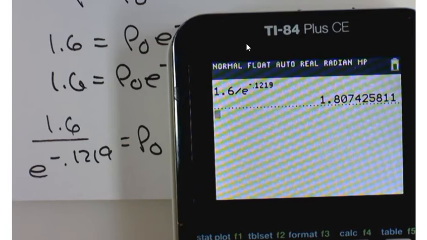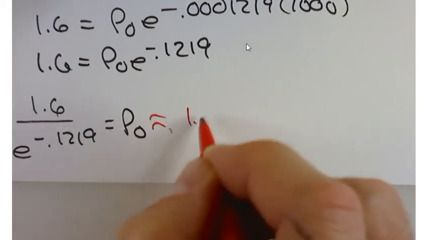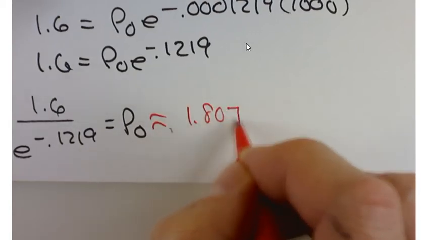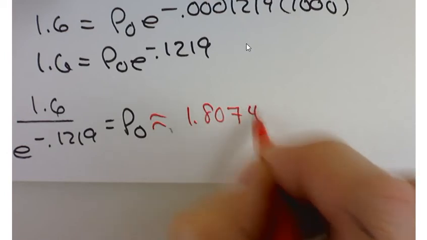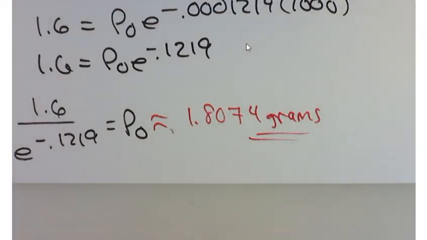Yeah, okay, that makes sense. So this is approximately 1.8074 grams that you started out with. So that's P sub 0.